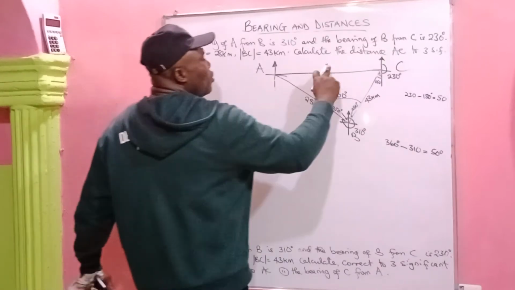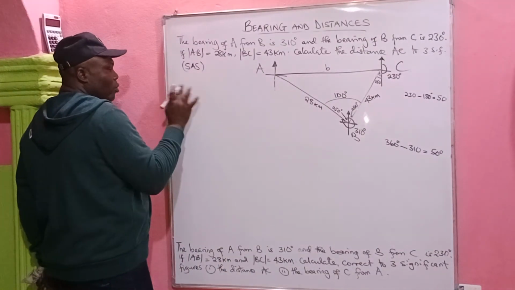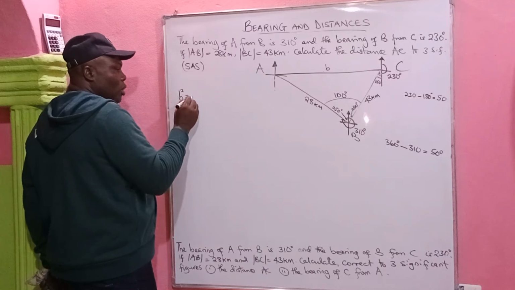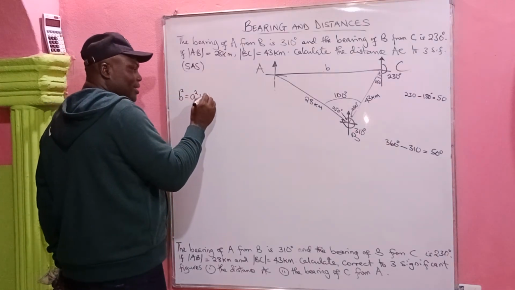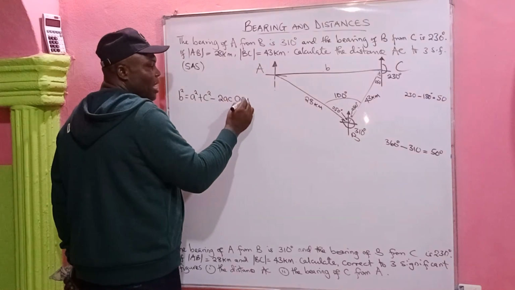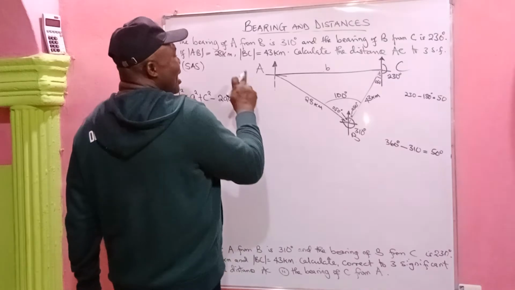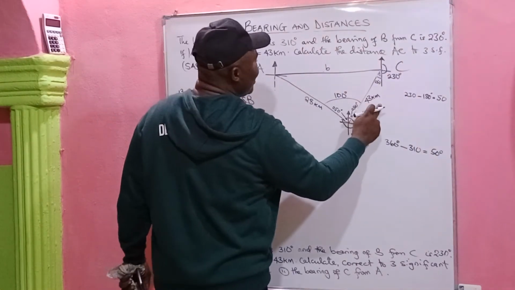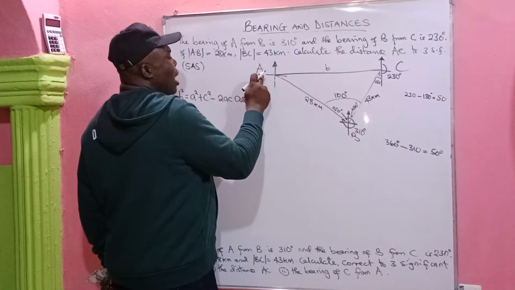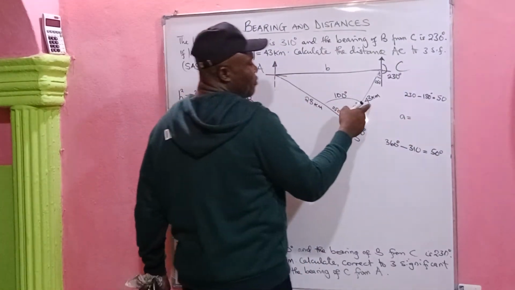By cosine rule, we are looking for small b. b squared will be equal to a squared plus c squared minus 2ac cos of the angle at B. Please take note of that. Now, what is our a? Our small a is the side facing the big A, which is 43 kilometers.